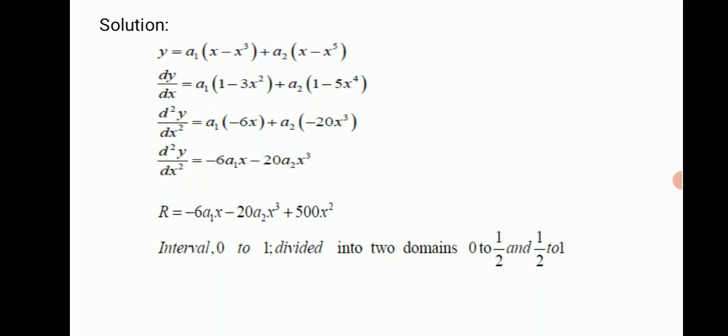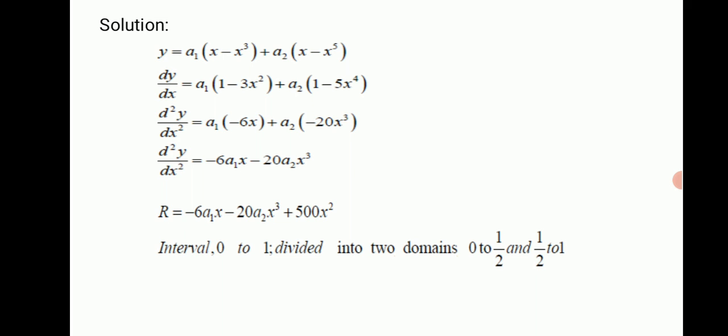So d square y by dx square is equal to minus 6a1x minus 20a2x cube. So the residual is r equal to minus 6a1x minus 20a2x cube plus 500x square.